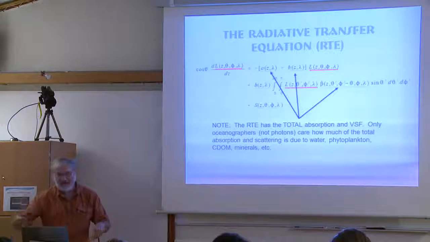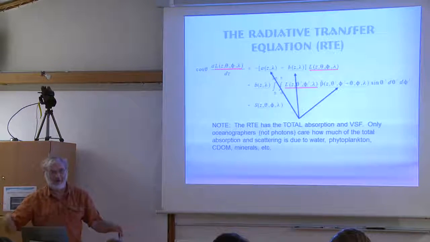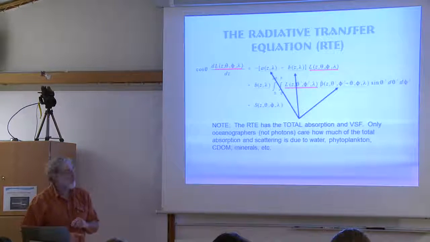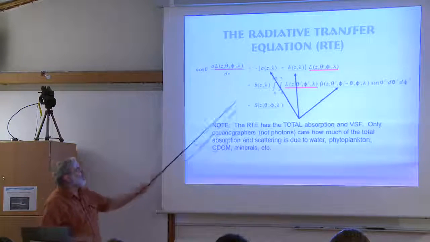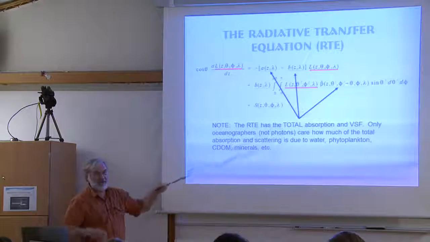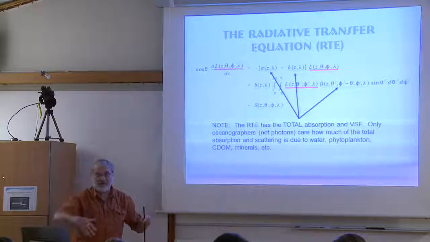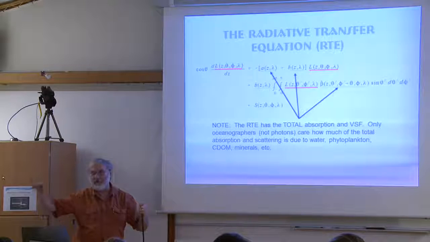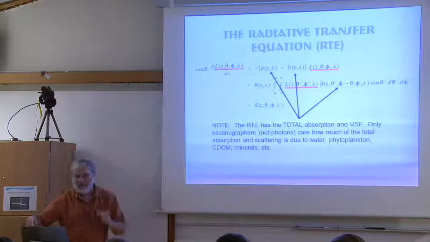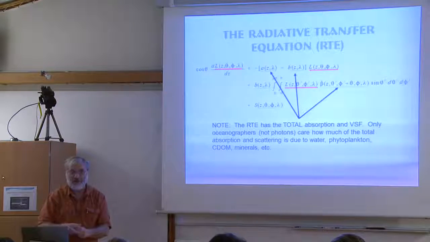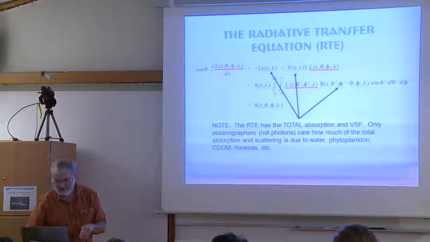But the light field just says, no, give me the total, I'm happy. And so when you run Hydrolight, as we'll see, we'll generally build up these by putting in how much chlorophyll's in the water, how much CDOM, how much minerals, how many bubbles, etc. But Hydrolight then just takes all that and adds it together and gets a number, and away it goes.